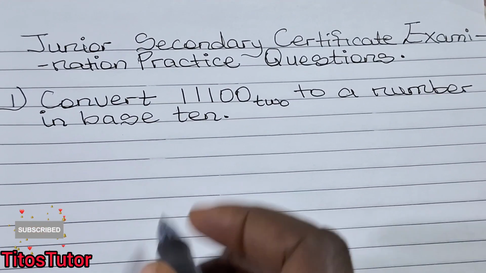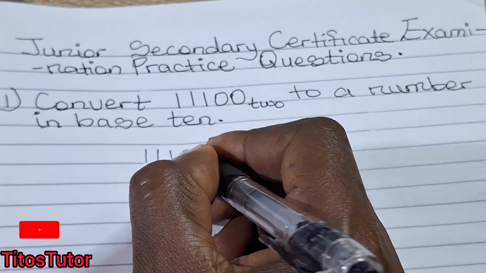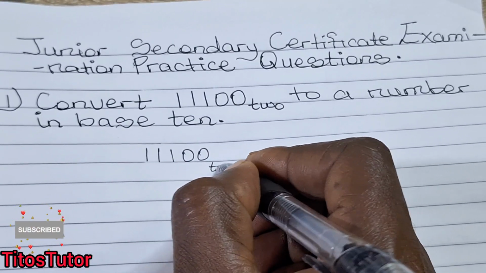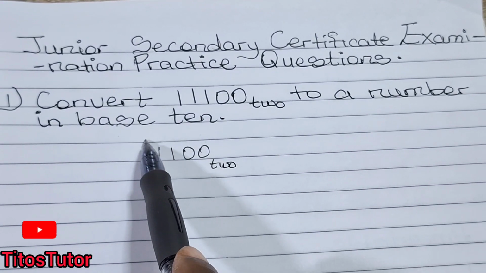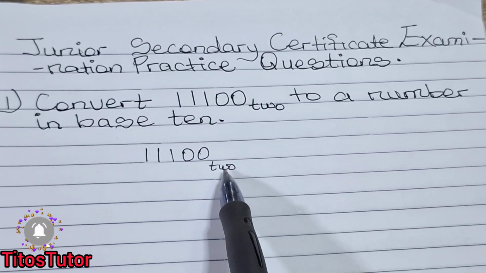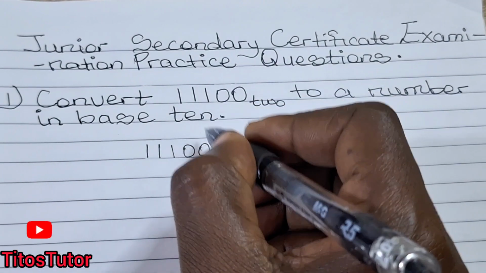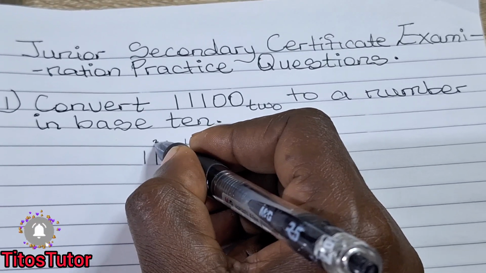I always teach my students, I say, write the number again, 11100 in base 2. Then on top, write tiny little numbers where you're going to expand this in the power of 2. So starting with 0, I'll write a tiny little 0, 1, 2, 3, 4.